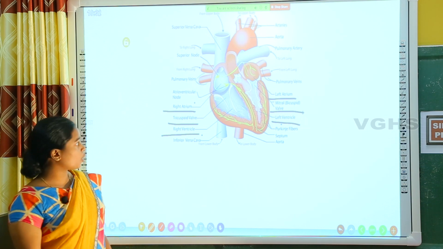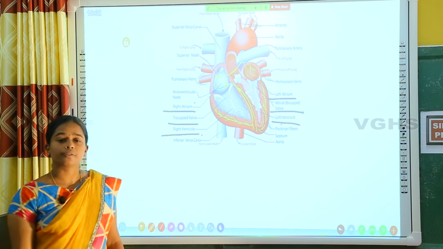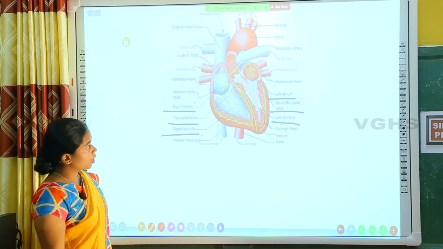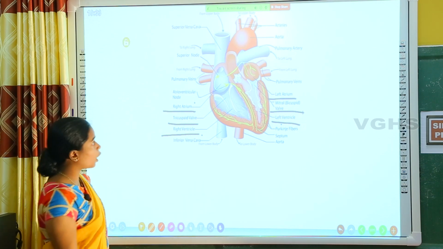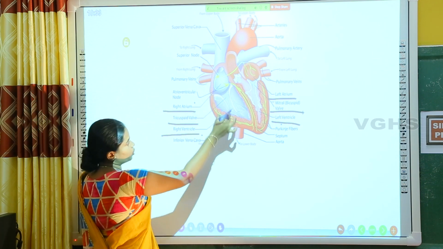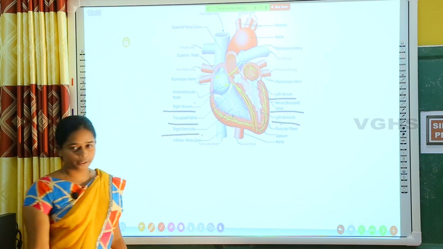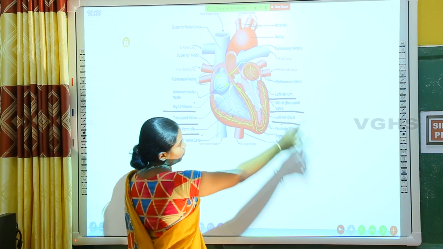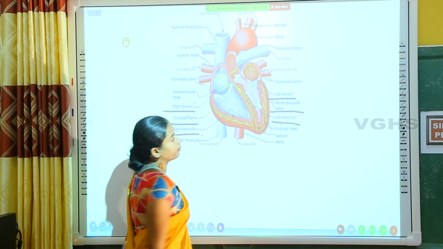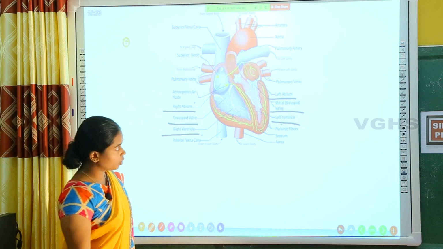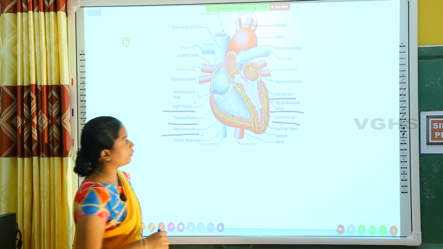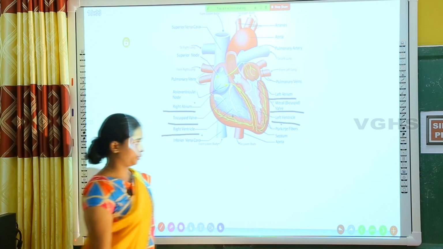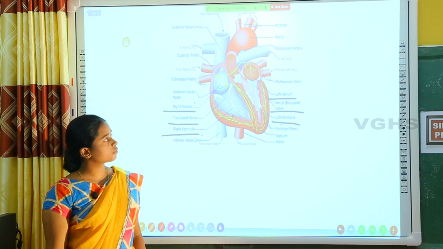The function of the tricuspid valve is to help pass the blood from the right atrium to the right ventricle. And the function of the mitral valve or bicuspid valve is to help pass the blood from the left atrium to the left ventricle. Okay?